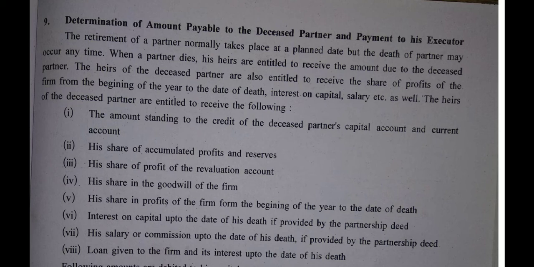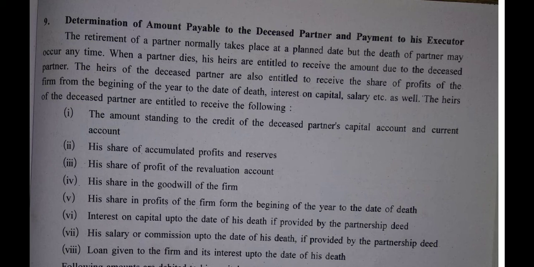The very first thing is the amount standing to the credit of the deceased partner's capital account and current account. This simply means the balance of capital account and current account of deceased partner. Yes, the credit balance. This will be mentioned in the question, and this is to be paid to the heirs of deceased partner.